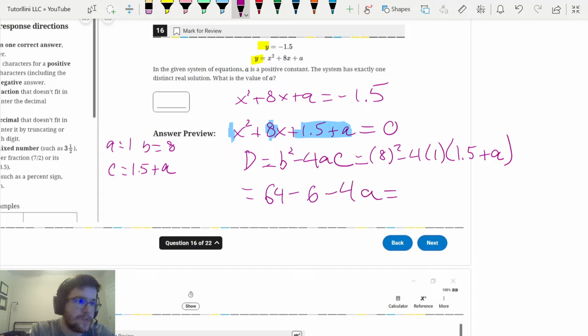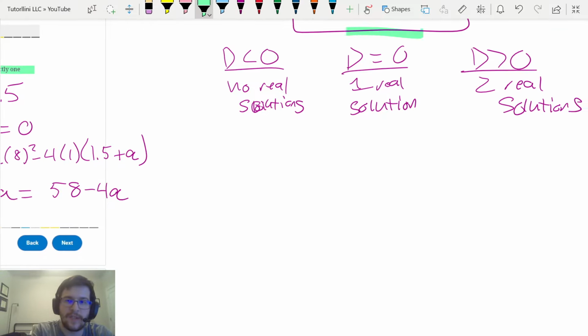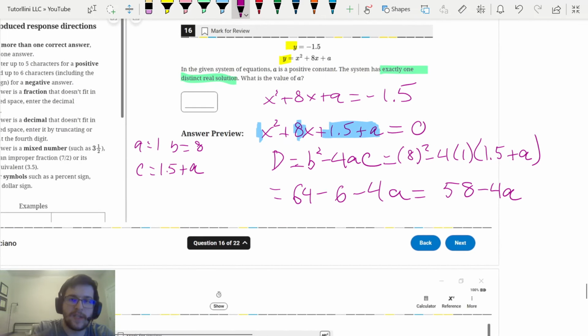So it's equal to 58 minus 4a. And then it says it has exactly one distinct real solution. So that means one real solution. That means the discriminant is equal to 0. So we're going to set it equal to 0, and we add 4a, and we get 4a equals 58.